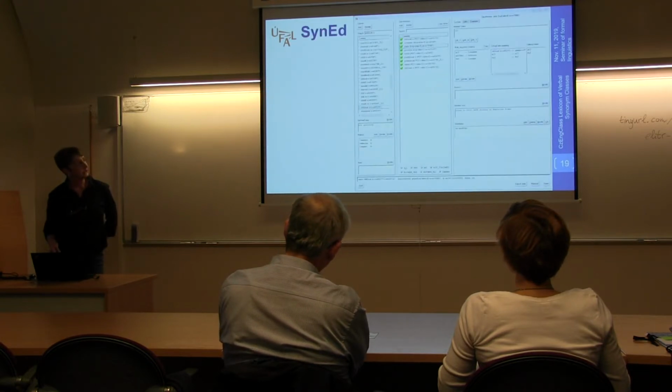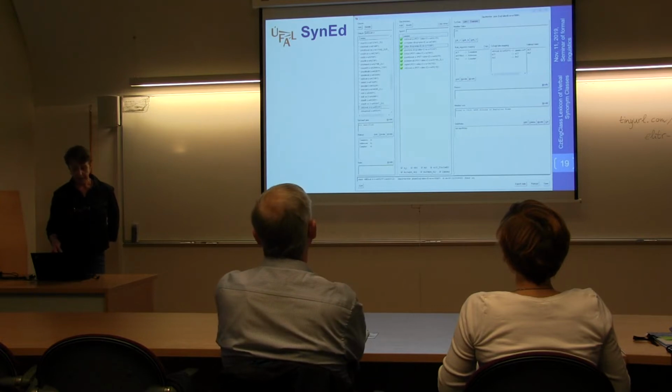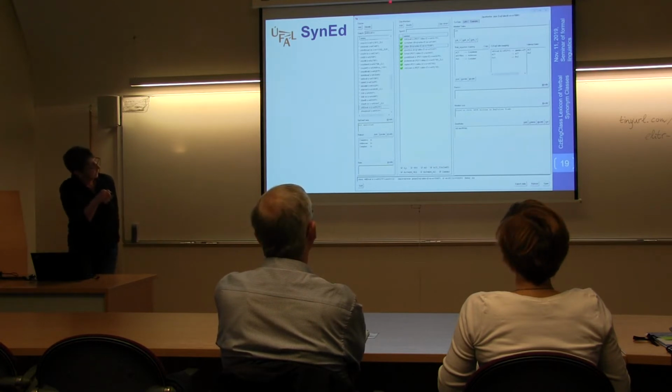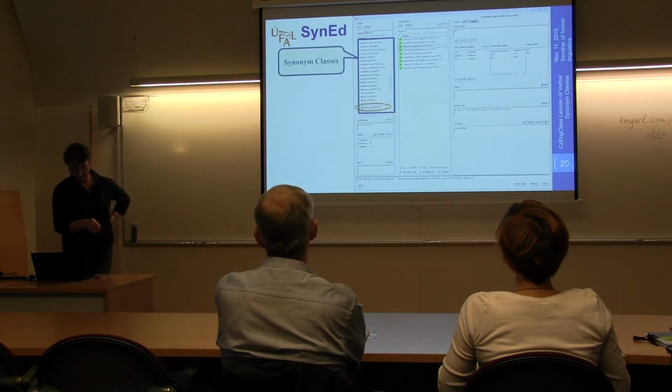Just to give you an idea how the tool looks like, on the right-hand side is the huge window showing our synonym editor. We call it SynEd. On the top is the name of the annotator, and on the left-hand side are the individual synonym classes.